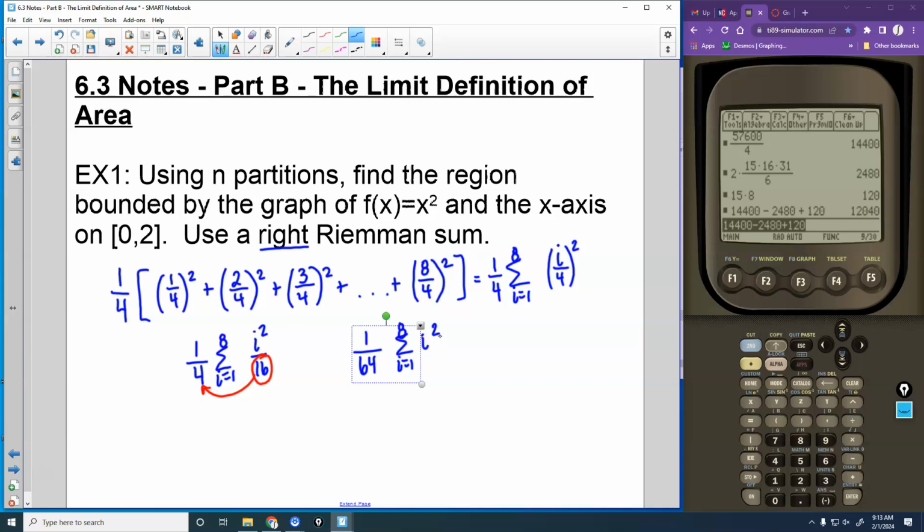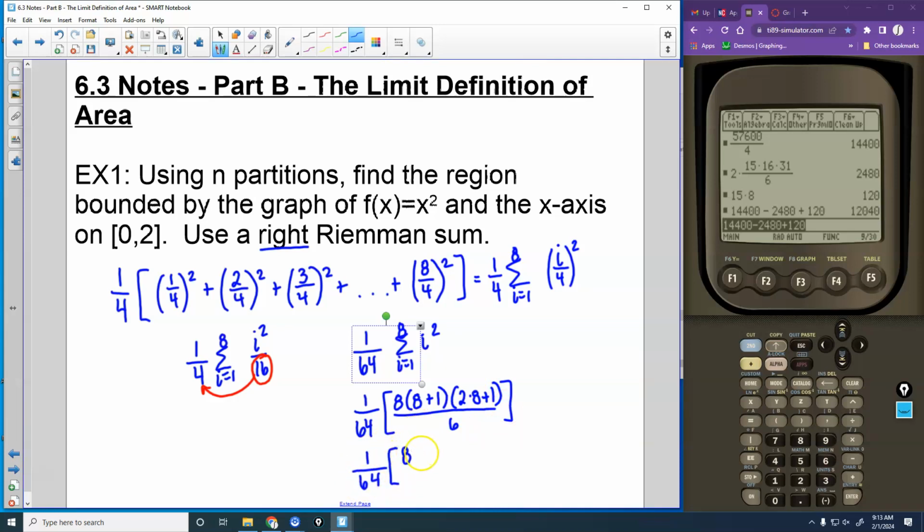And then because I have a shortcut rule for i squared, I could make this 1 over 64 times 8 times 8 plus 1 times 2 times 8 plus 1 all over 6. Let's try it without the calculator.